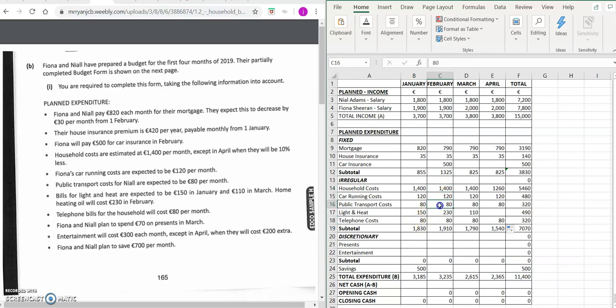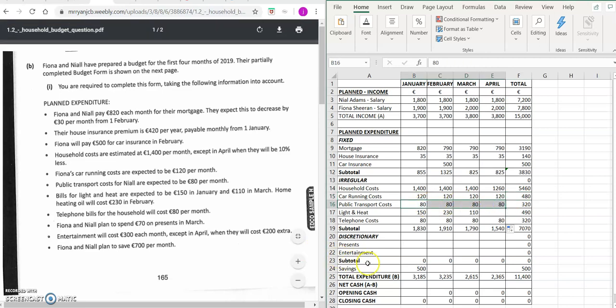Then 1,400, 120, 80, 230, and 80 gives us 1,910. And the same then, you're just going to add these down to get your subtotals. And you're going to add across then to get your total column. So each one of these four figures going across, add up to get your total column.